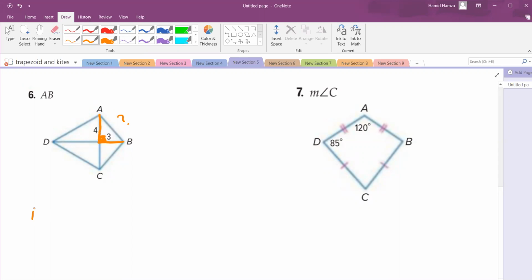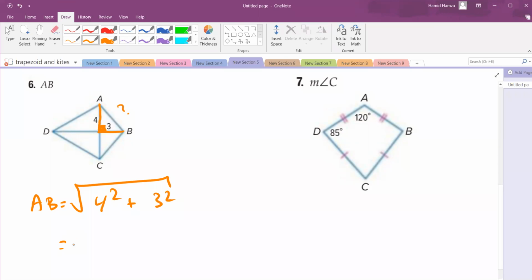Yeah, so AB will be equal to the square root of the sum of the squares of the two legs. So 4 squared plus 3 squared. So the answer will be 5. Okay, understand this? Yes. Now we wanted to find angle C, this angle.